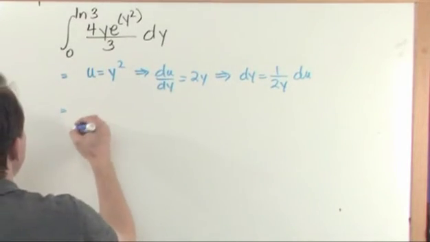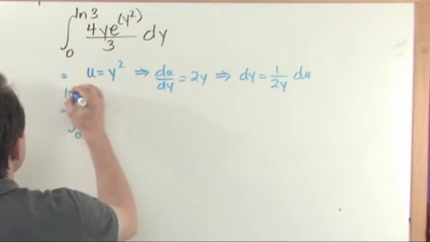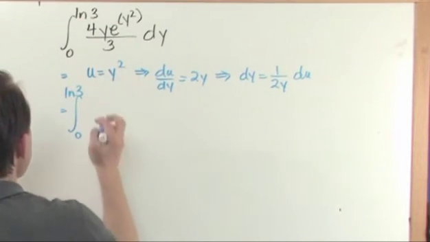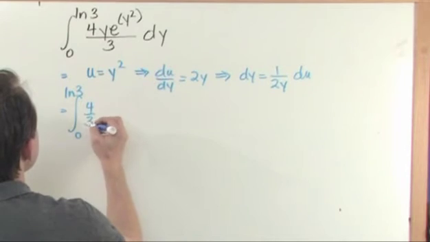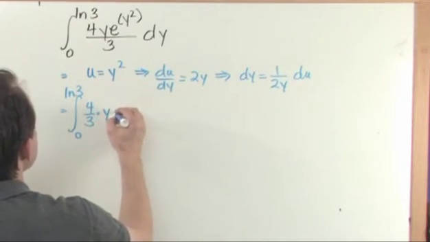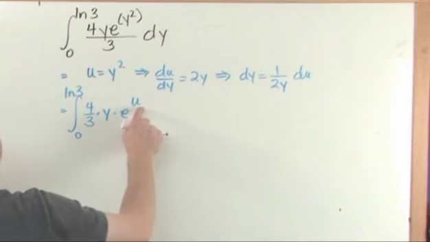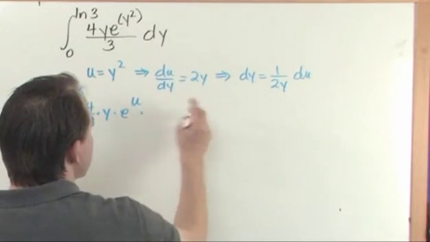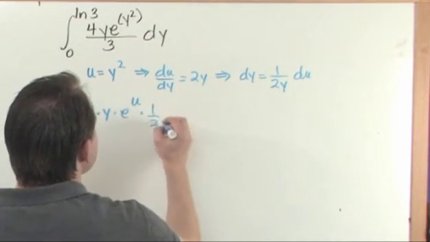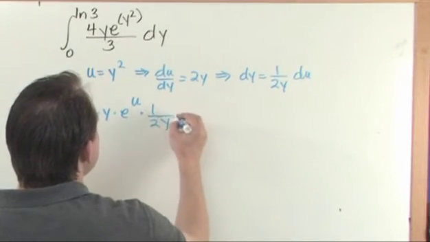So what the integral actually is going to be is 0 to natural log of 3, 4/3 times y times e to the u, because y squared is now u. But dy is now 1 over 2y du.